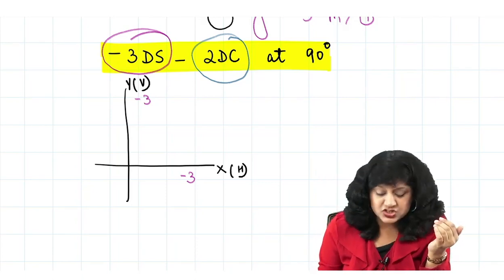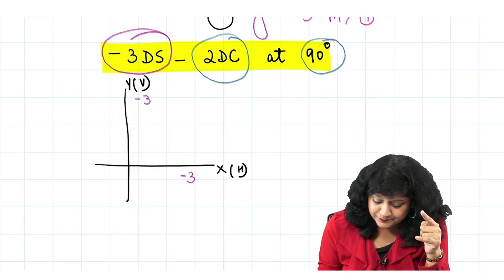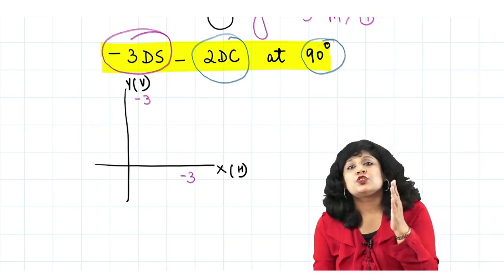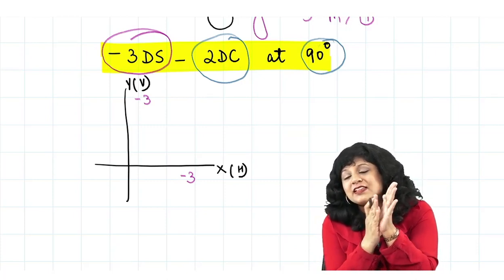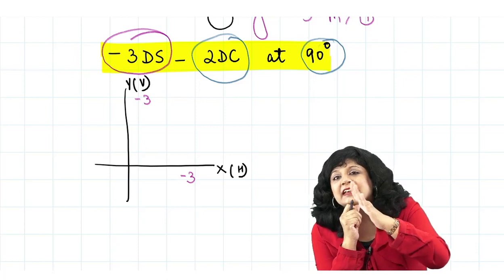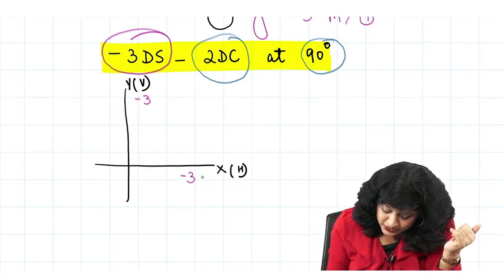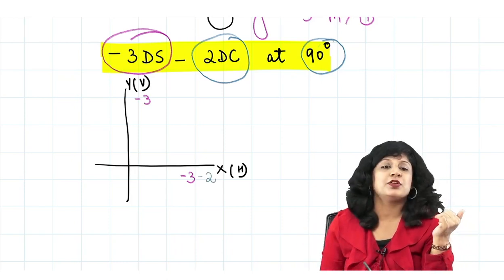So this patient is having this error at 90 degree. So when you are correcting it at 90 degree, where will this act? This will be acting at a perpendicular plane.